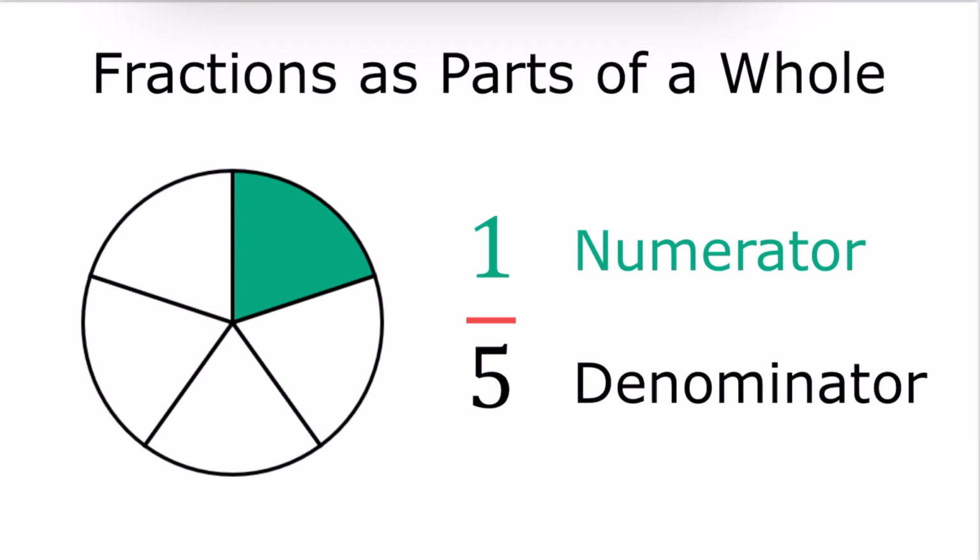So in this example, since the denominator was 5, that means that our whole circle is split up into 1, 2, 3, 4, 5 pieces. And then the numerator tells you how many parts of the whole you're talking about. In this case, since our numerator was 1, we have one of the pieces shaded because that's representing the part that we're talking about.